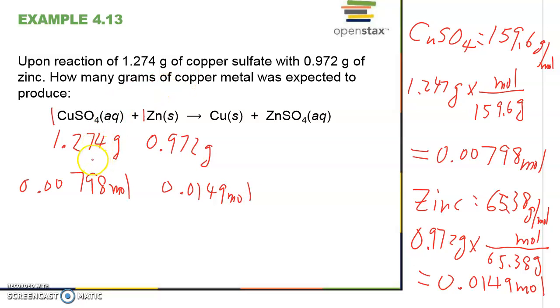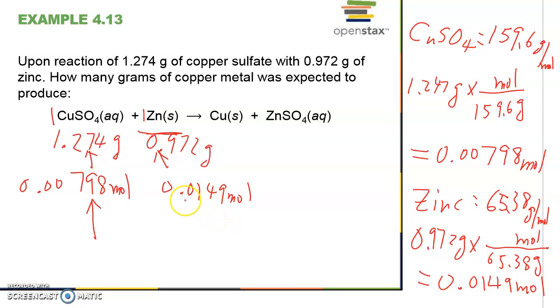Let's see which one is the limiting reagent now. It should be a 1-to-1 ratio, but look at this. Which one will run out first? There should be 1 mole for each mole. Obviously, copper sulfate will be the limiting reactant. Whatever products we have will not depend on the zinc anymore, because we will have an excess amount of zinc.